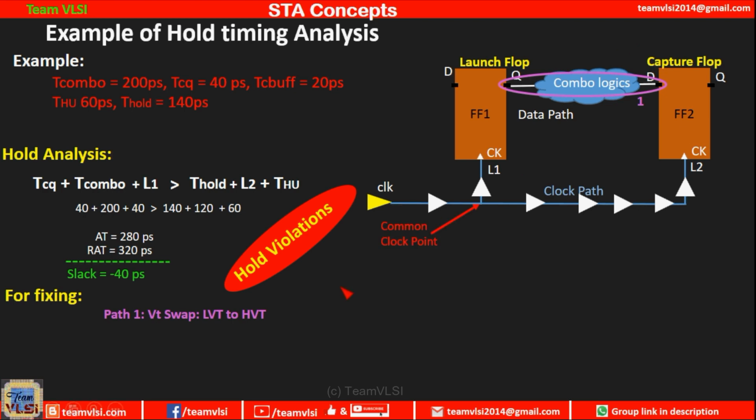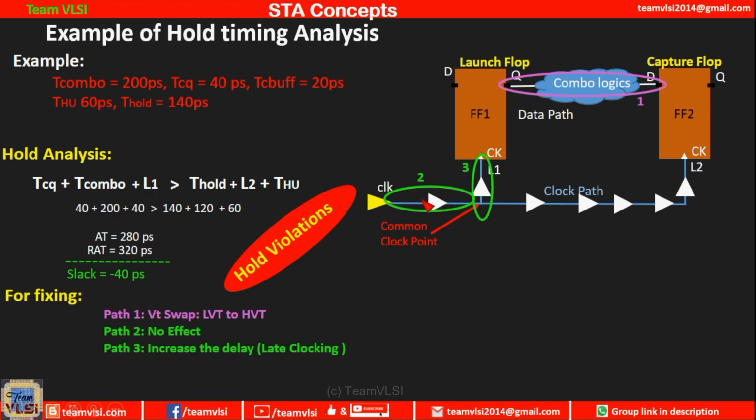Similarly, this is the common clock point, and before this point we have no effect on this path. In path 3, if we increase the delay of this path, it comes on the left hand side, and increasing this path will help to meet the hold timing.